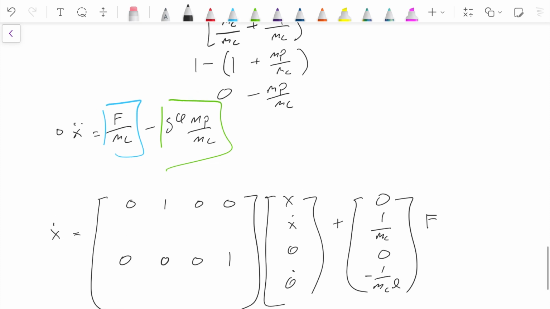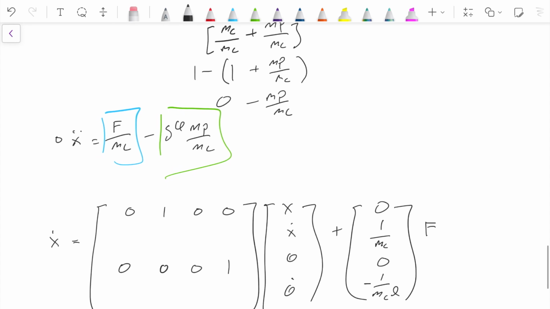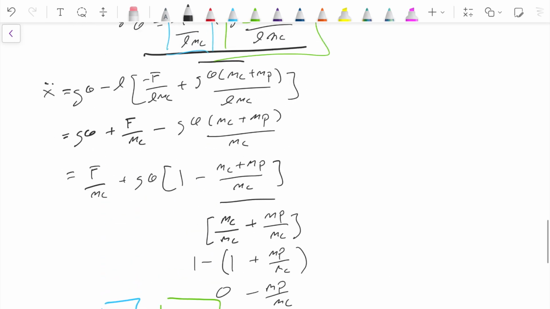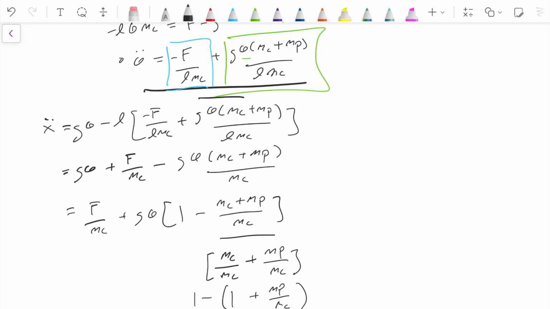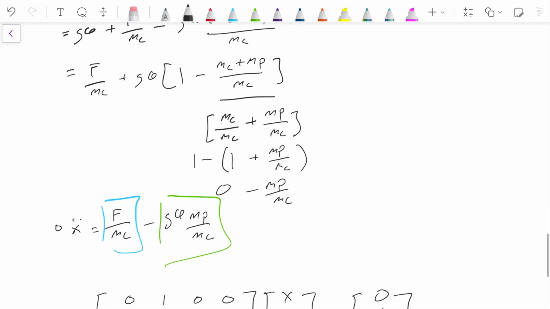So that's our B. And then for our A, we now have, for the theta going into our x double dot above, 0, 0, minus g Mp over Mc, 0. And then for the theta double dot, we have g theta (Mc plus Mp) over L Mc.